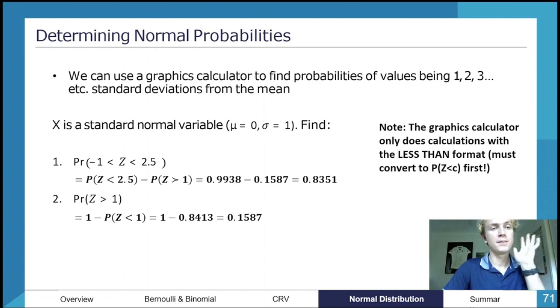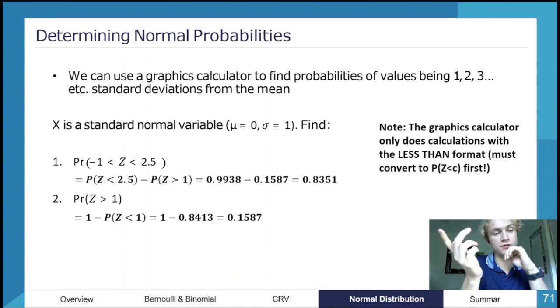Not yet, not now, but in the final lecture, we're going to go through the values you've got to memorize, the final lectures being the end of the year, so not yet, and then you would work it out. And that's because we find the probability it's greater than 2.5 minus the probability it's less than 1, and that gives us this value.